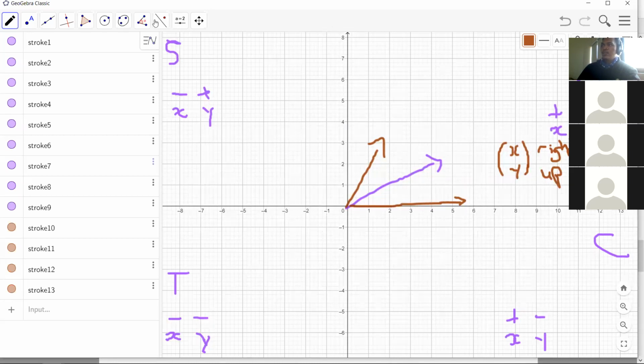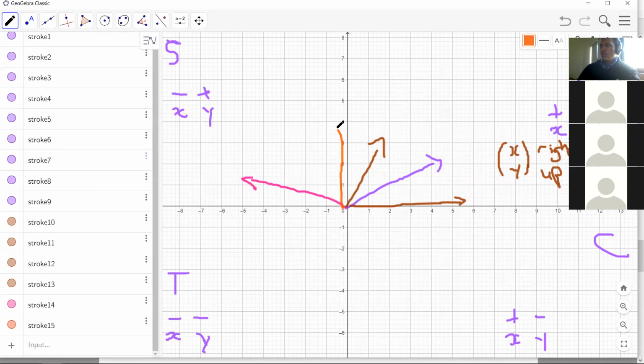On the other hand, if the vector is going in this direction, or very close to the Y in that direction, then we will still have our X and our Y. Our X will be negative over here, and our Y will be positive, because the Y values are going up.